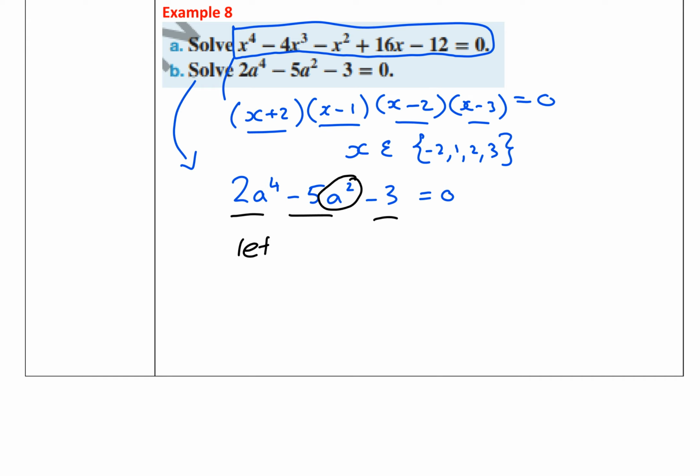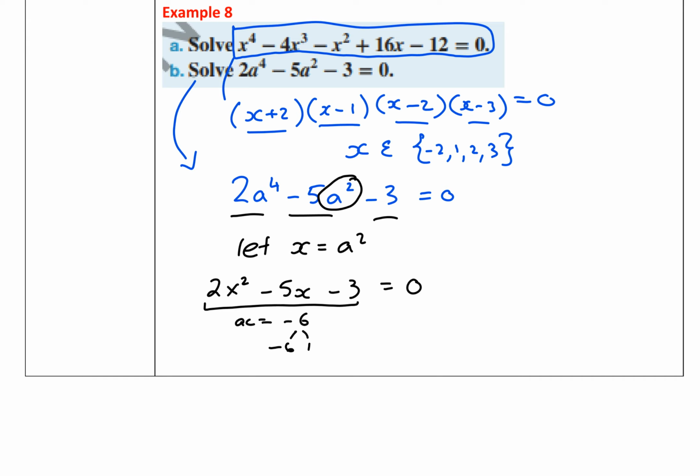So let's this time let x equal a squared, so that I have 2x squared minus 5x minus 3 equals 0. Now if I factor the left-hand side, well, AC is negative 6. The factors of negative 6 that add up to negative 5 are negative 6 and 1. So 2x squared minus 6x plus x minus 3 is equal to 0.